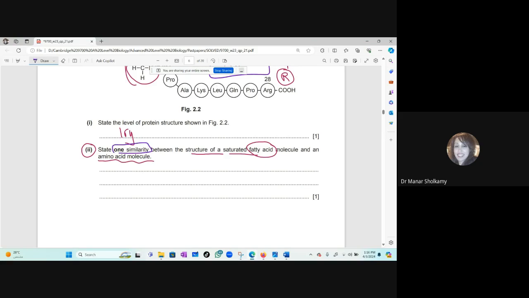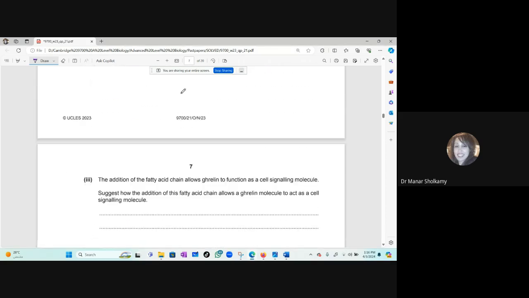Another similarity, they all contain carbon, hydrogen, and oxygen, but the amino acids have extra what? Nitrogen. So the similarity is that they both have the carboxylic acid group, COOH, and they both contain carbon, hydrogen, and oxygen. But the amino acids have nitrogen. So here, this is biological molecules.